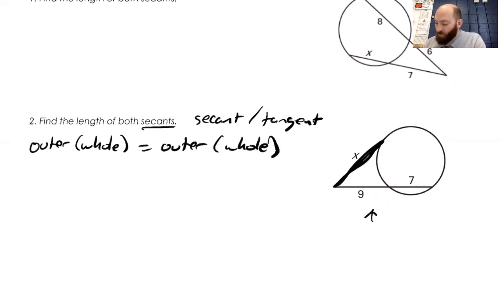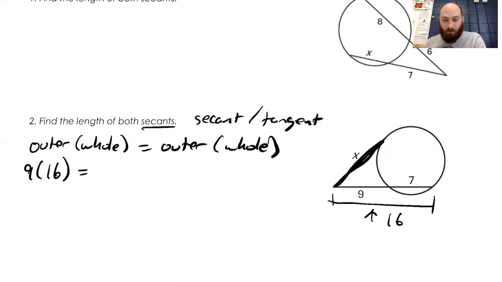I'll do this one first because the whole thing is 16, 9 plus 7. So the outer piece is 9 times 16. Here, if I look at the outer piece, x is completely outside, but x is also the whole segment. So that's my setup there. I'm going to take that x and multiply by itself.